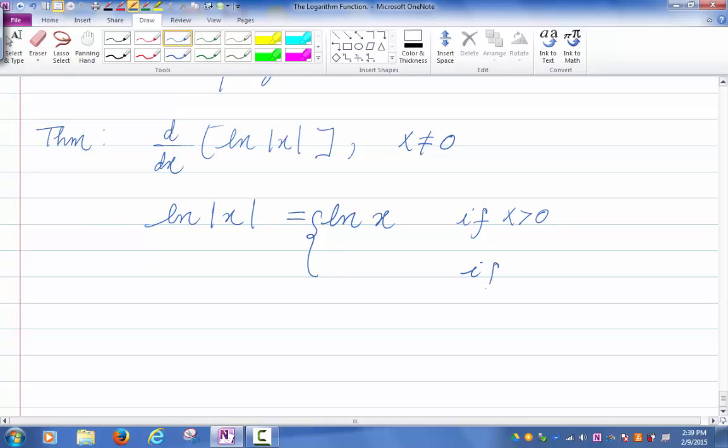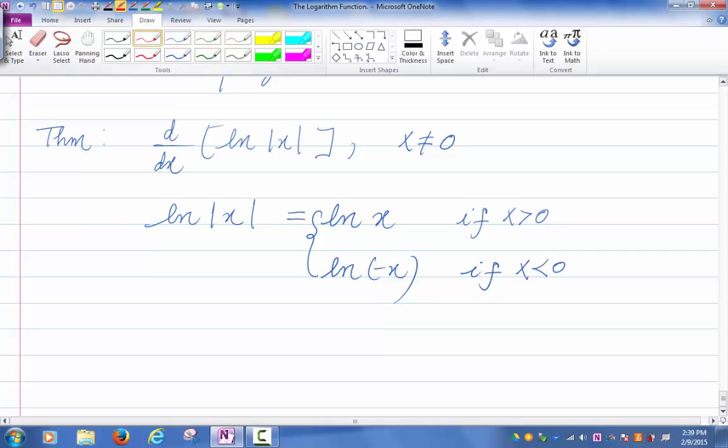However, what if x is negative? It will be ln of negative x. Why? Because if you know x is negative, then if you multiply x by the negative sign, you get a positive.